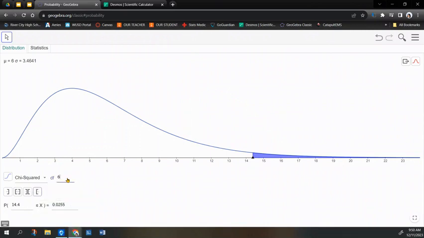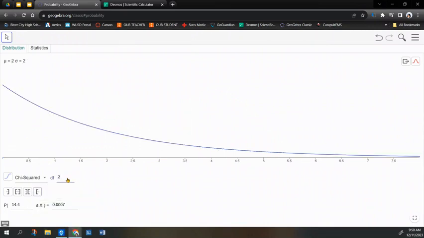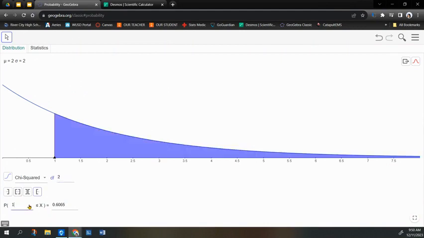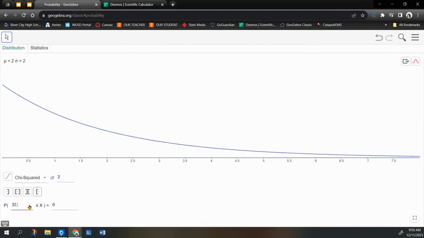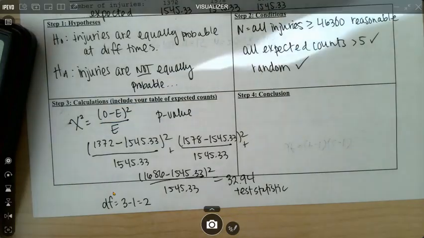Degrees of freedom is 2, and our test statistic is 32.94. That gives me a p-value of basically 0. It's really, really small since that test statistic is pretty big. So the p-value is basically equal to 0.